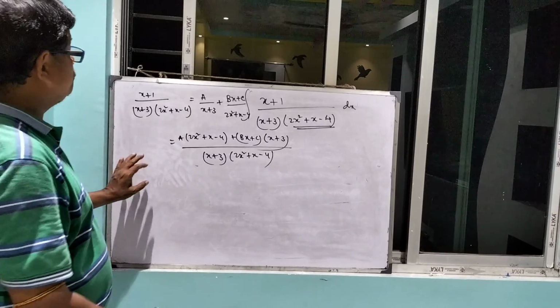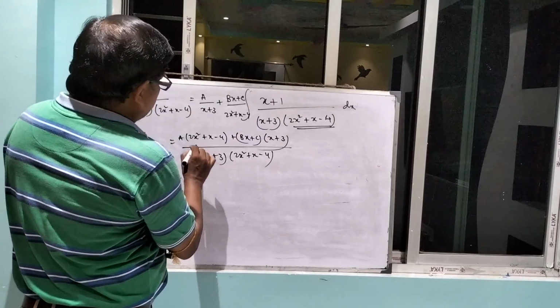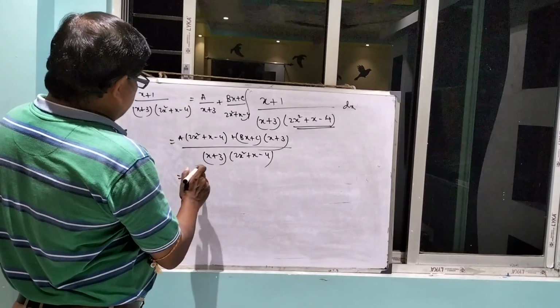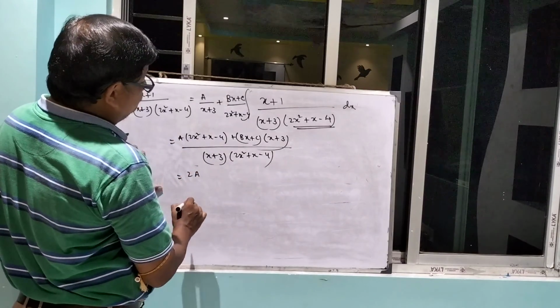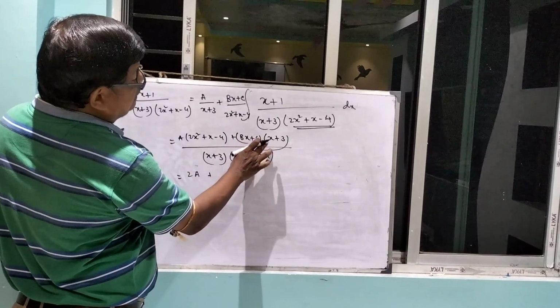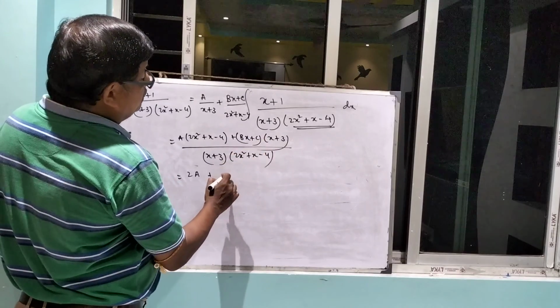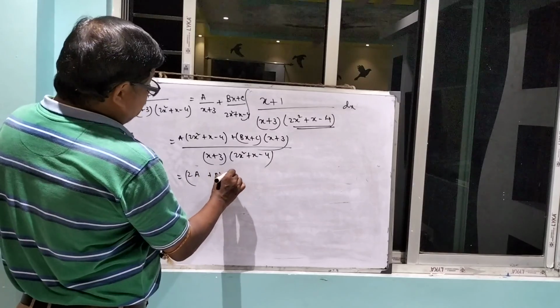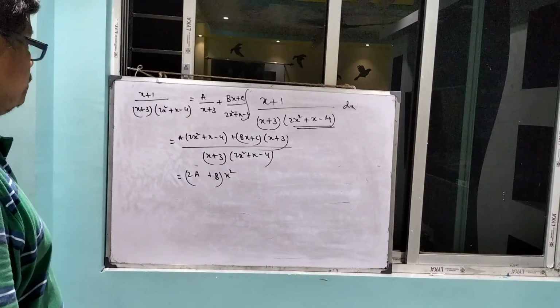Now see, if you compare coefficient of x square on both the sides. Here 2a, right? Here bx square is there. So write 2a plus b of x square. Understood?